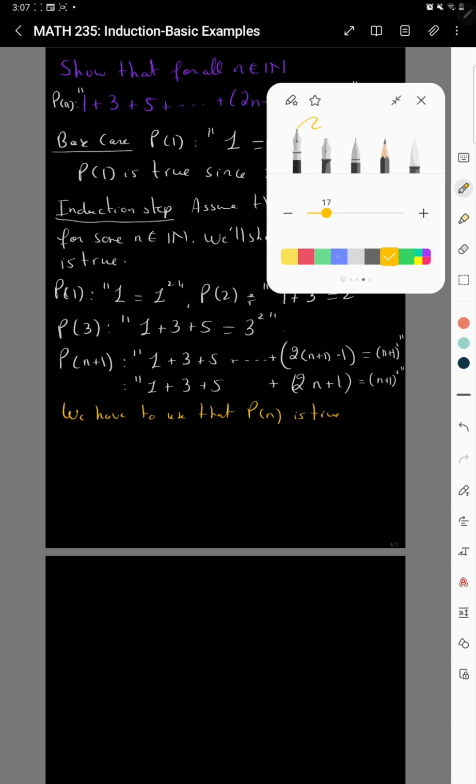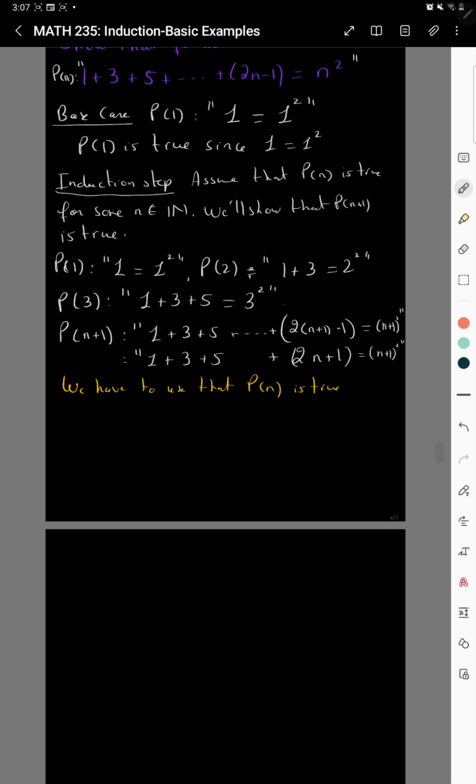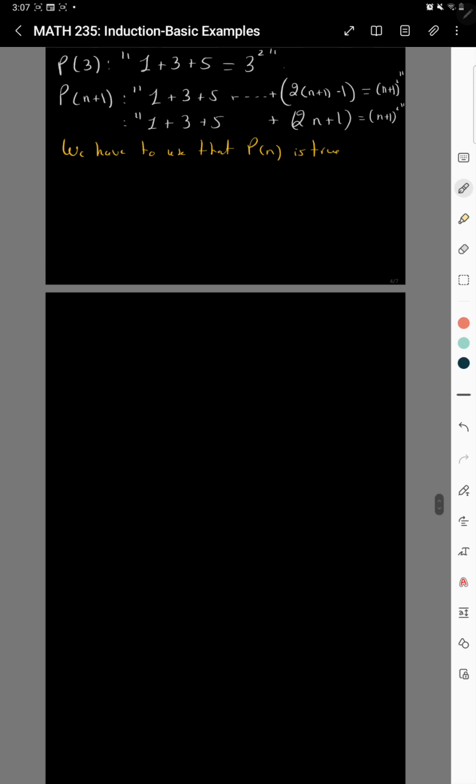Let's rewrite this. 1 plus 3 plus 5 plus until 2n plus 1. What is that equal to?